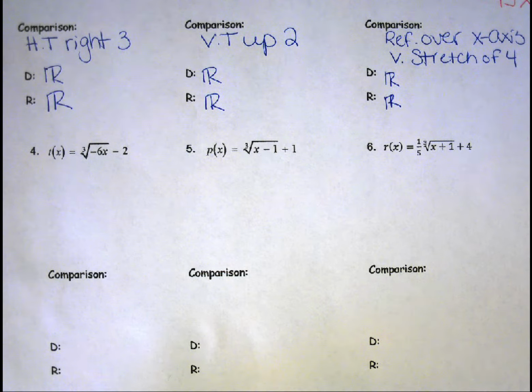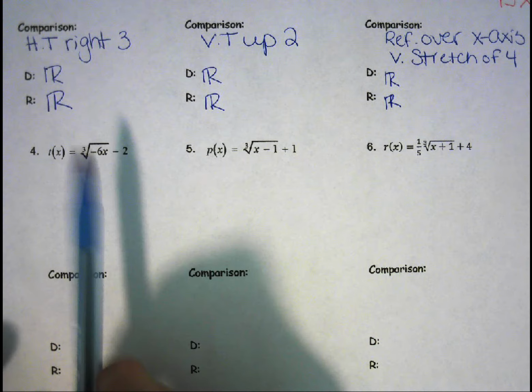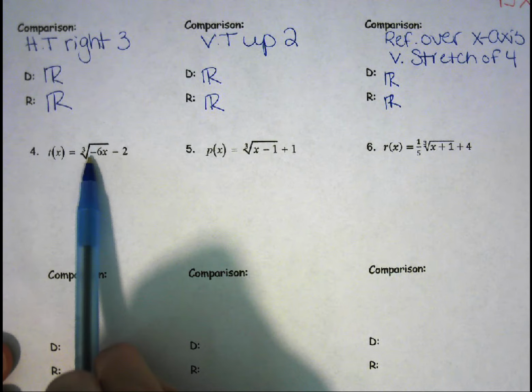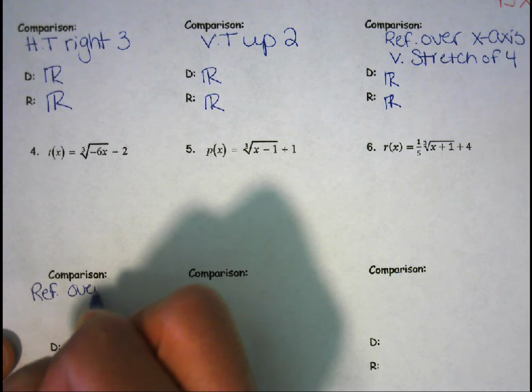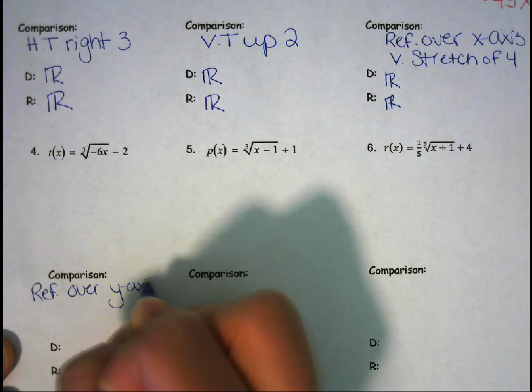All right, hopefully you tried it. Or you at least took a quick look at it. We have this negative again, but now the negative is under. So now we're going to have a reflection over the y-axis. But I want you to think about that for a second.